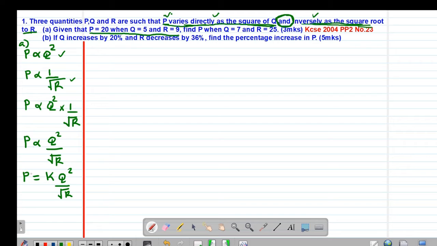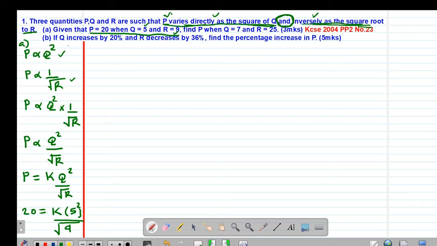I'm told that P is 20, so this will be 20 equal to k multiplied by Q squared. I'm told that Q is 5, so this will be 5 squared, then divided by the square root of R. Remember, my value of R is 9 from the question, so divided by the square root of 9.